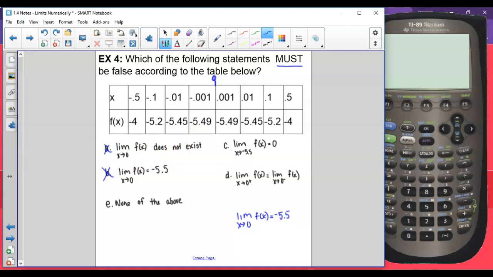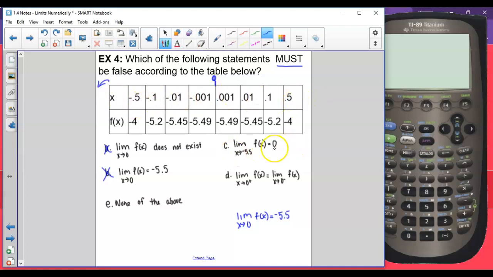For the next one, we have the limit as x approaches -5.5 of f of x equals 0. Now, this is sort of a strange thing to ask. The limit as x approaches -5.5. Well, that's way over here that we can't see because our x values are nowhere near -5.5.